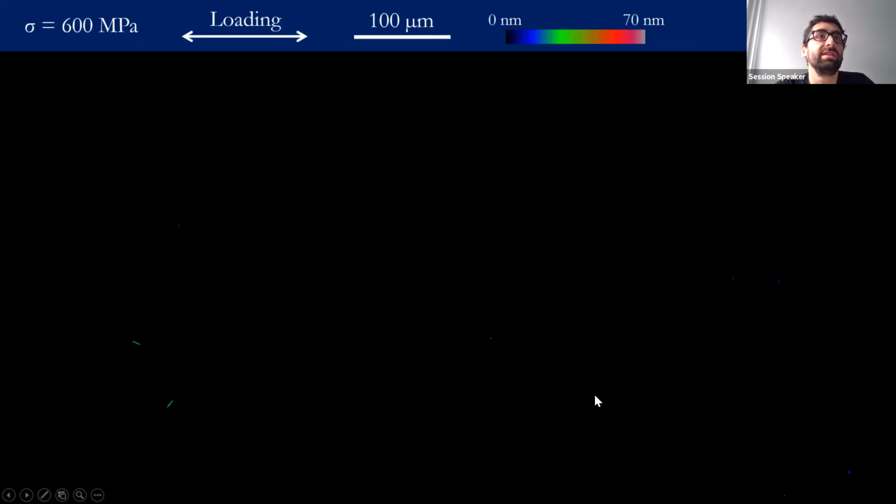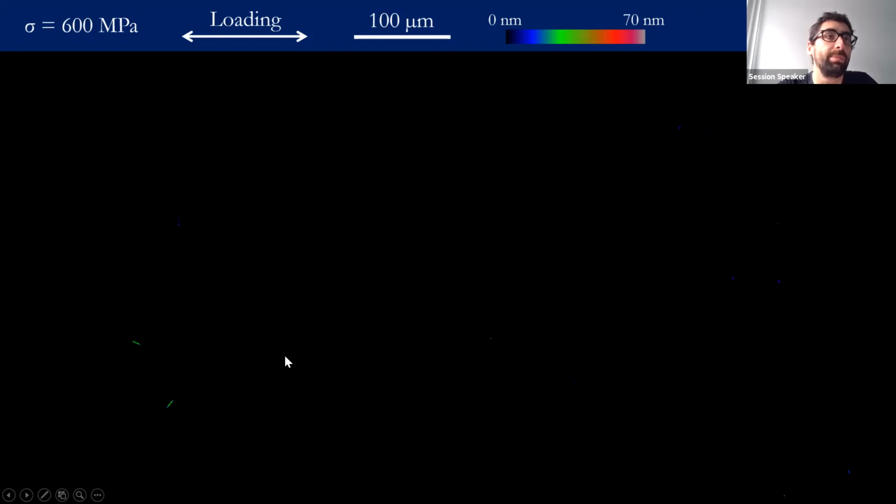In the next slide is shown the in-plane slip magnitude at the first loading step. The color indicates the in-plane displacement associated with slip activity in nanometers.